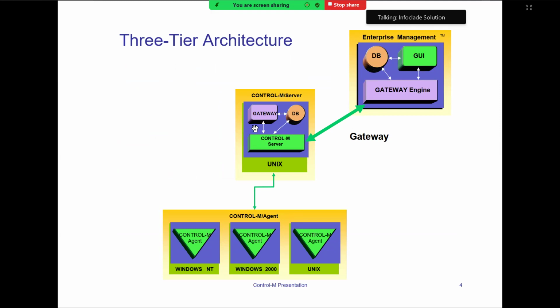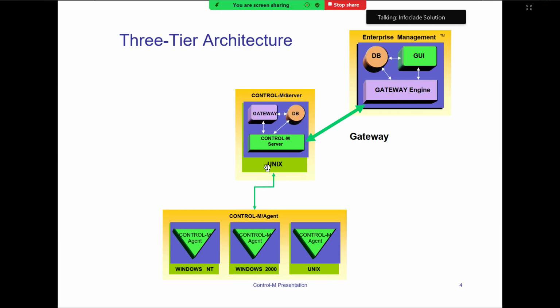Coming to this server, majorly this is a server where all the jobs will be stored. Mostly this will be in the Unix environment. So this is a tree structure, but this server we can't access.